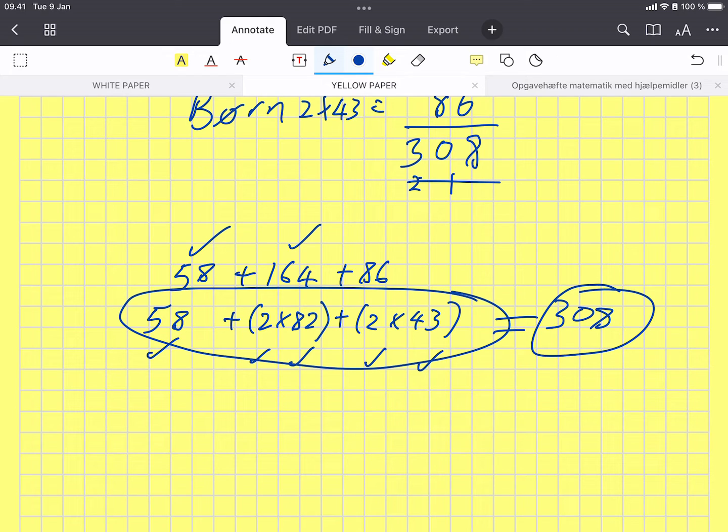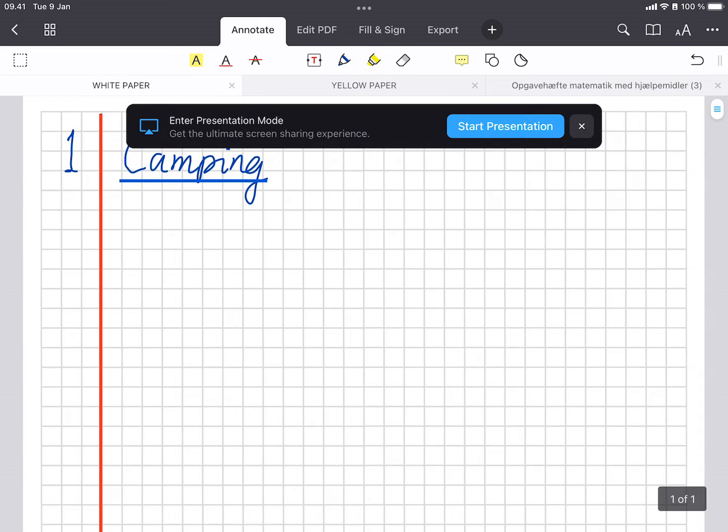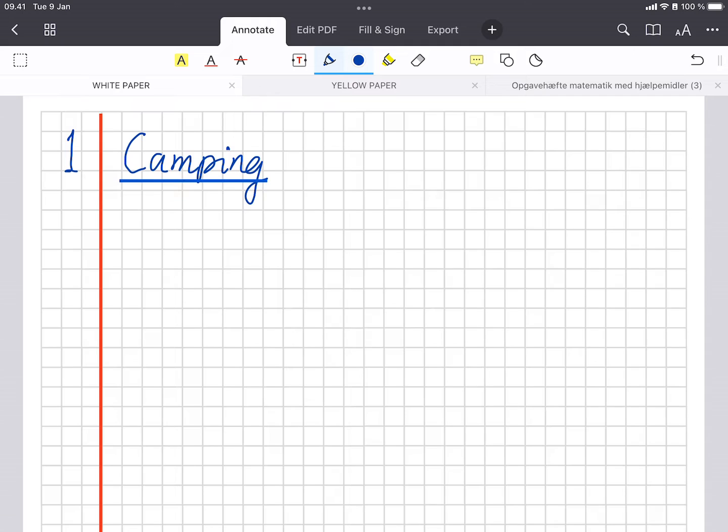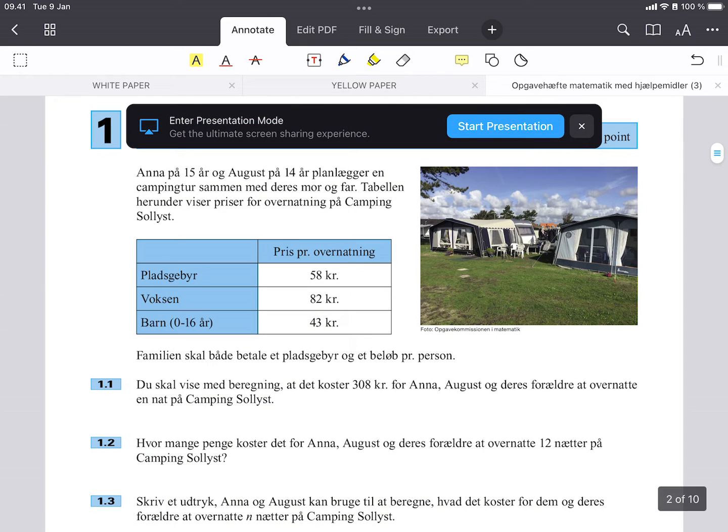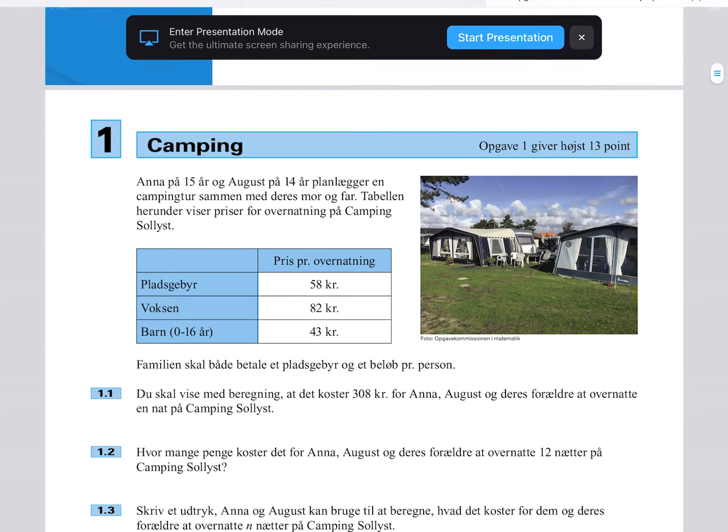So what you want to try and aim and do on your final neat white paper is something like this. So 1.1 is the question number. You want some kind of word that summarizes what the answer is going to be about. So for example, the answer is about what it costs.